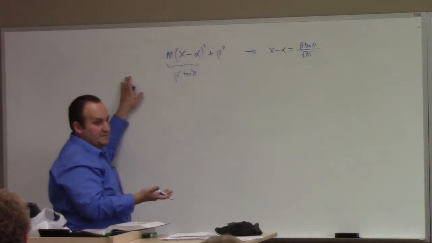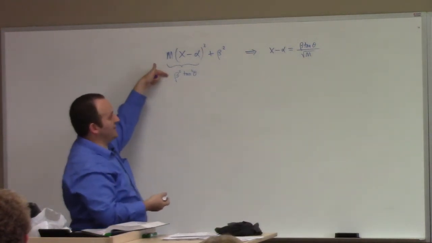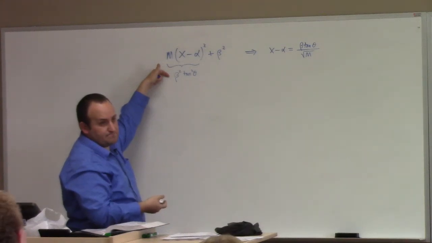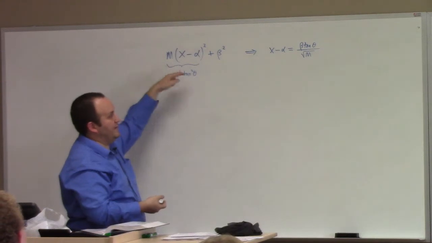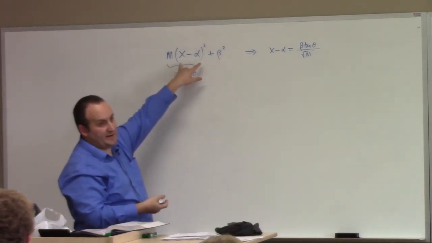See, because if I do that, then this becomes that, right? And so with that substitution, this whole thing just becomes beta squared secant squared theta.